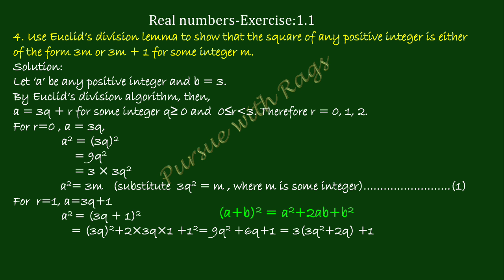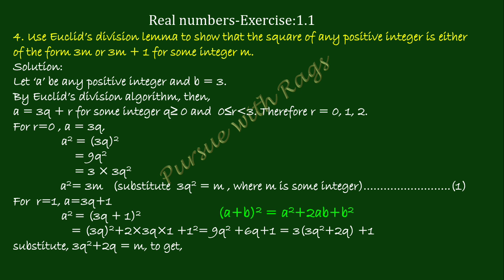In the first two terms, you see clearly 3 is common, right? When you take the 3 outside, you will get 3 into 3q square plus 2q, plus 1. So here instead of the 3q square plus 2q, we are going to substitute some integer m.